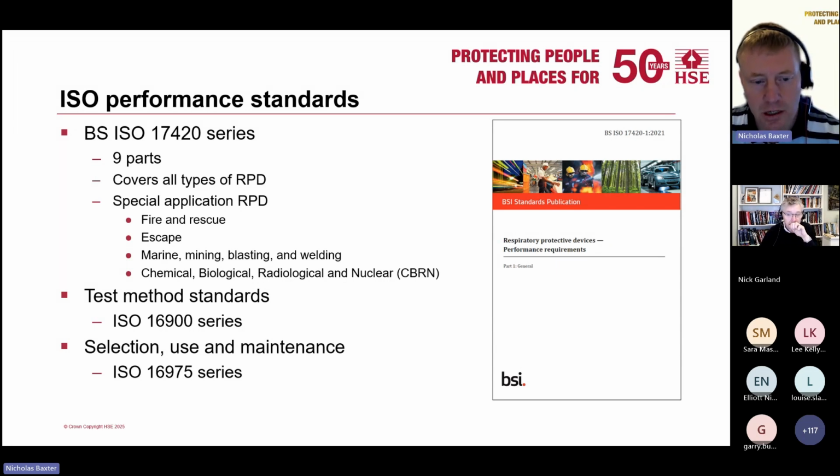So there's going to be one standard that incorporates the whole range of filtering face pieces all the way through to airline breathing apparatus. There are different parts to it, like fire rescue and escape, but essentially there's going to be one standard. There's a whole range of standards for the test methods, and then a whole range of standards for the selection, use, and maintenance of those, to give guidance on how to effectively use them.